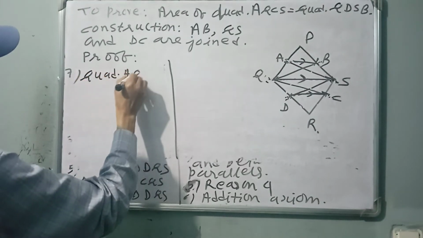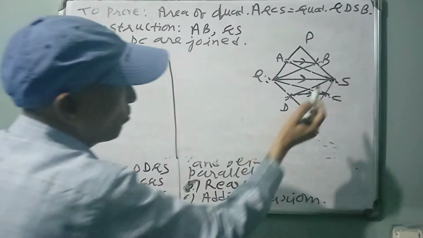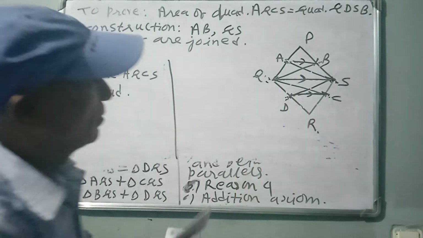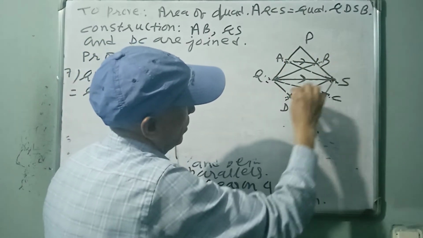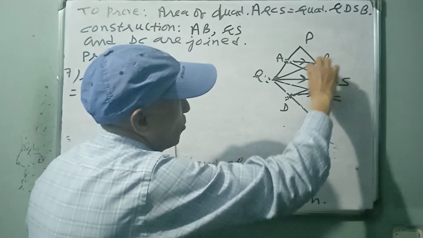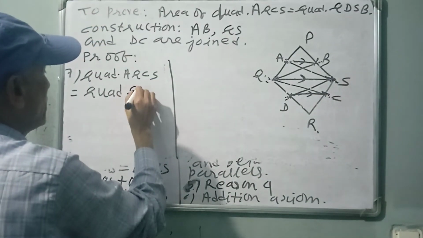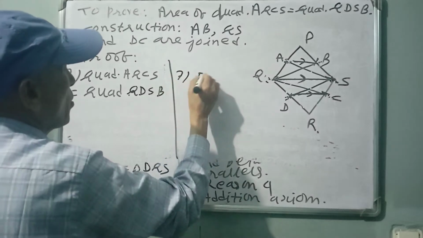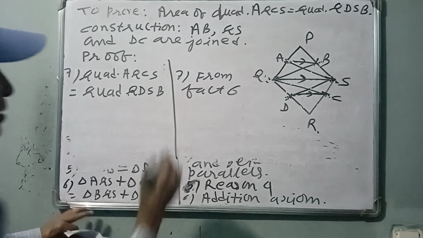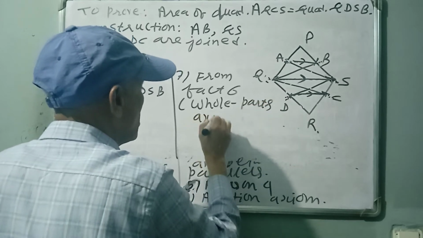Quadrilateral AQCS equals triangle BQS plus triangle DQS, this triangle plus this triangle. Two triangles equal one quadrilateral. So quadrilateral QDSB, from fact 6. What is this called? Whole parts axiom.